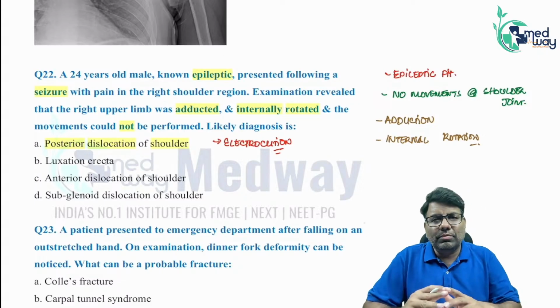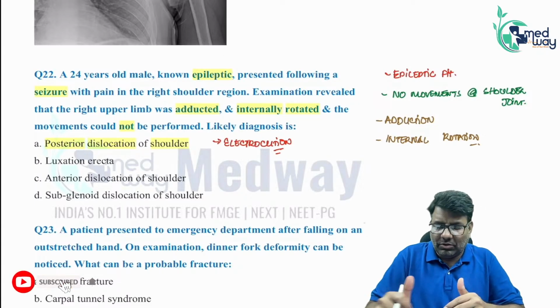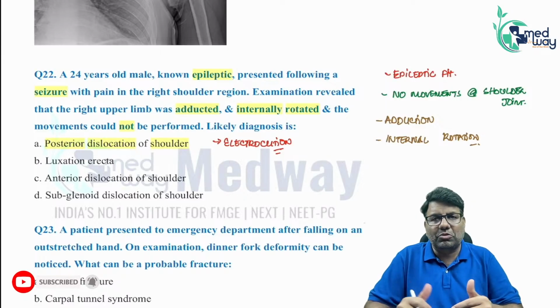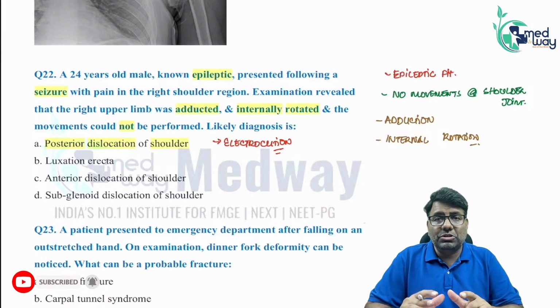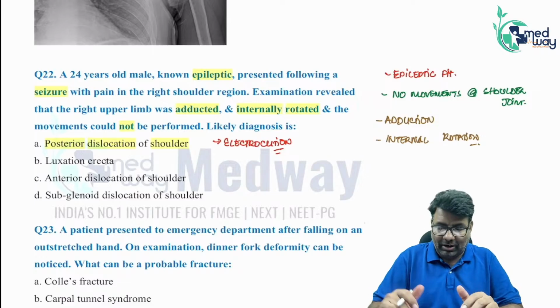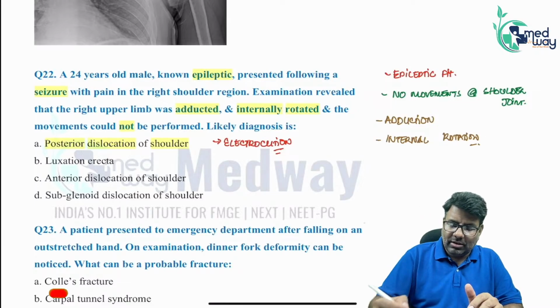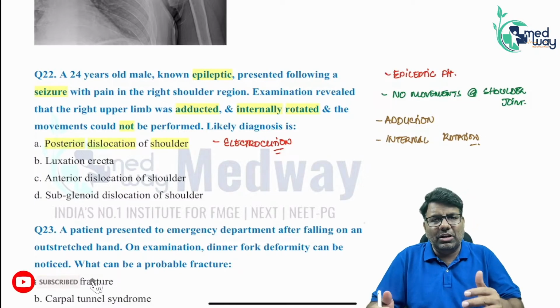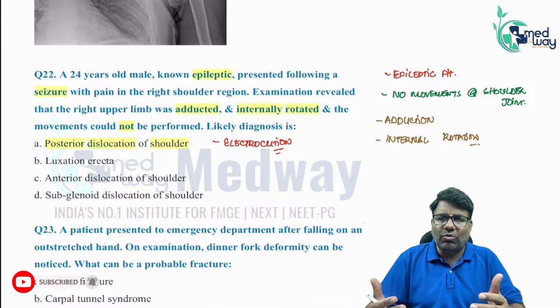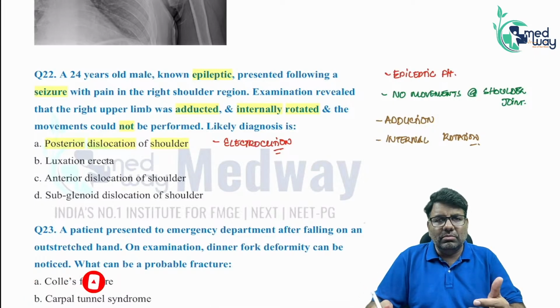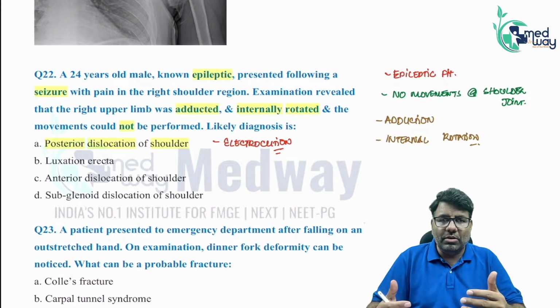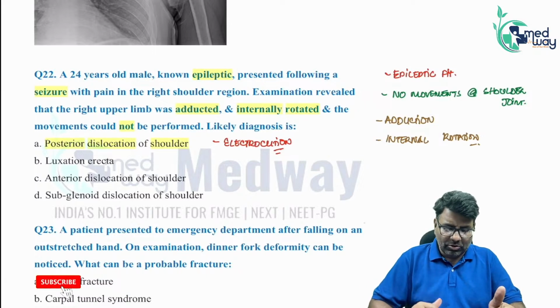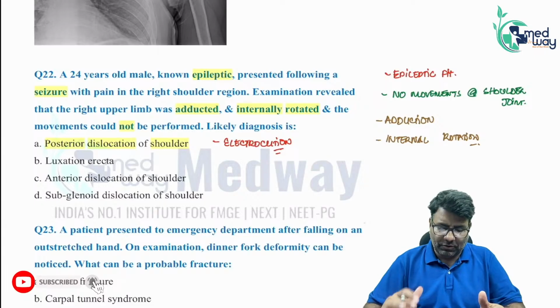So the moment you find a case history which starts with the words epileptic fit or electrocution, keep the possibility of posterior shoulder dislocation in your mind. Right? So these are two important things. Obviously, adduction and internal rotation predispose to backward movement of the head of the humerus from the glenoid fossa. So this is a classical case of posterior dislocation.